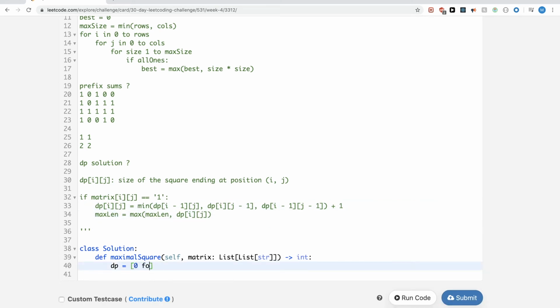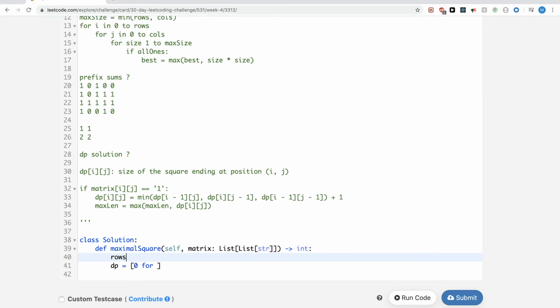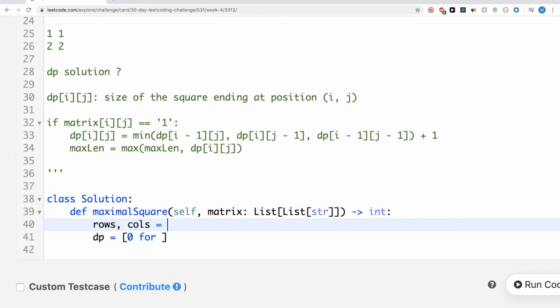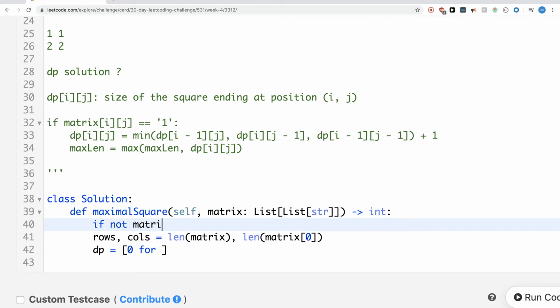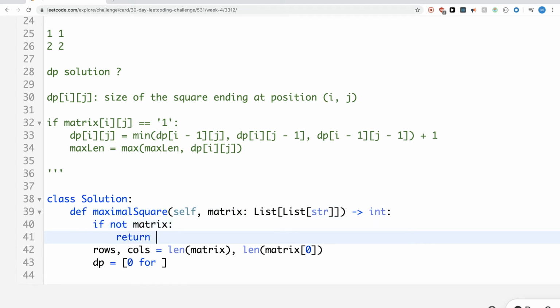So first, let's have the size of zeros in columns. So that would be columns equal to length of matrix 0, the first row. One thing we should do here: if not matrix, return 0. So this would be range of rows, and this would be range of columns.